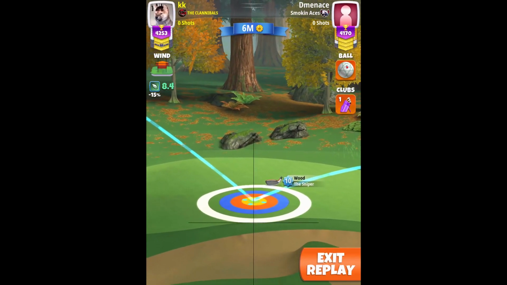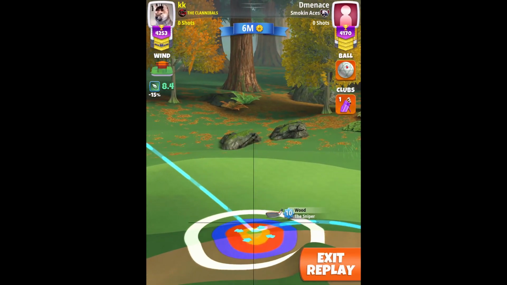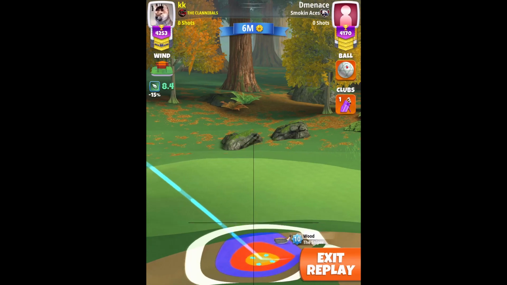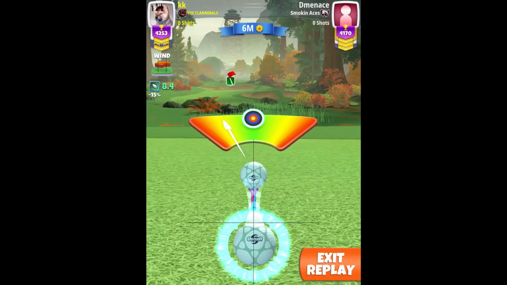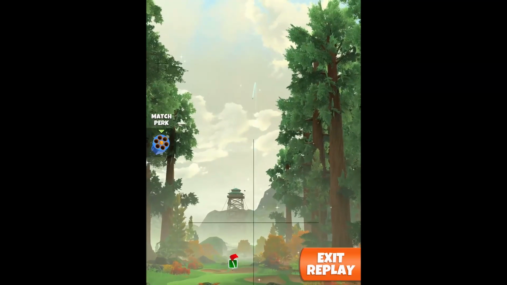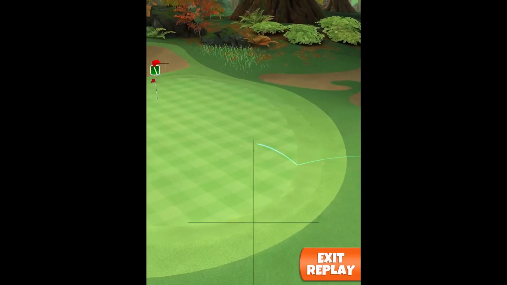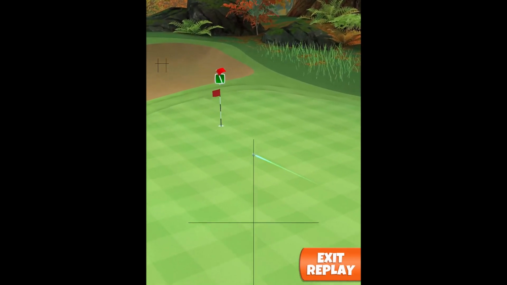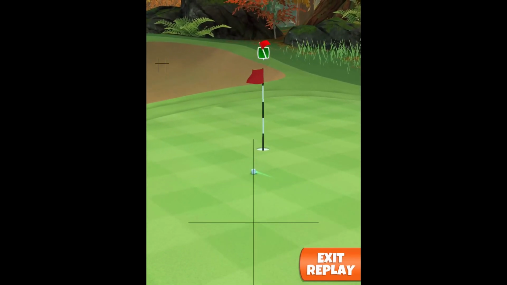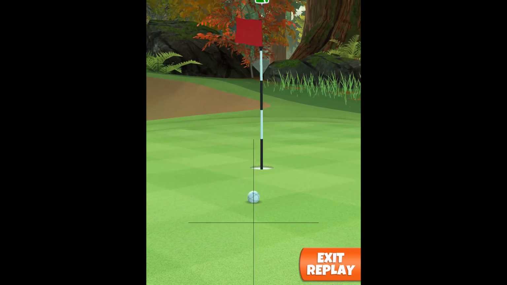Plus 20% max. A little hint of baby right curl. And it needed a little more curl or more offset.